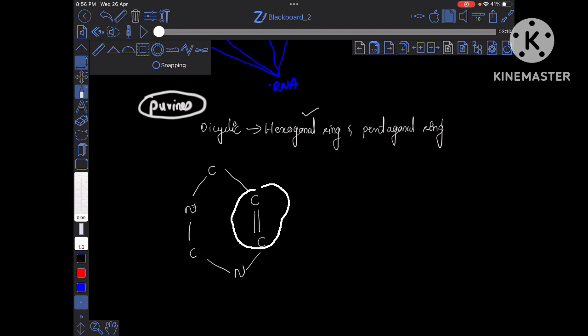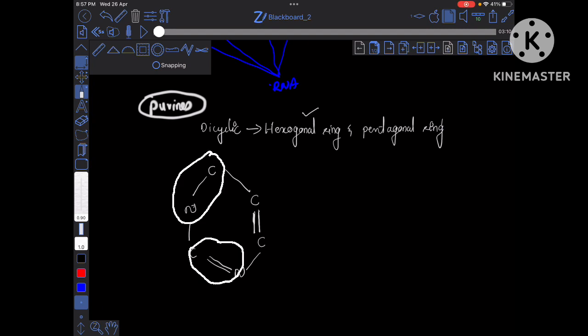And within the hexagonal ring, the double bonds are usually present in alternate positions. So if there is a double bond here, the next double bond comes here and the third one comes here. So the basic hexagonal ring structure in purine is completed.